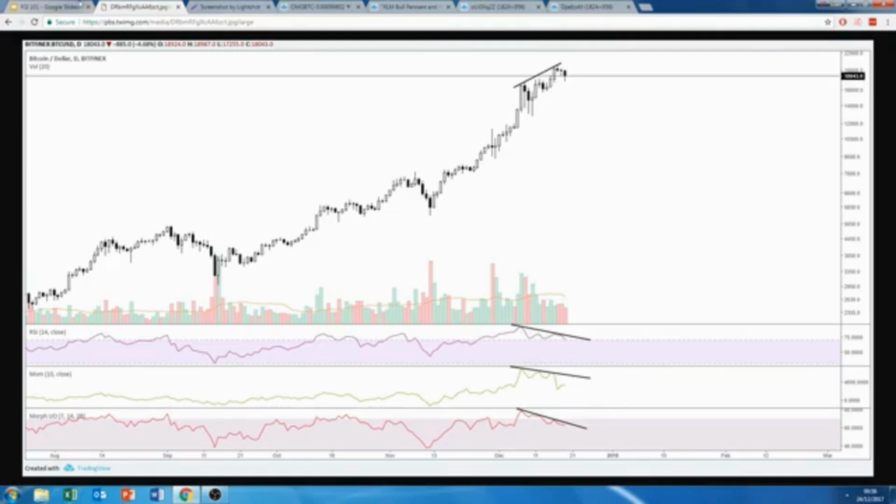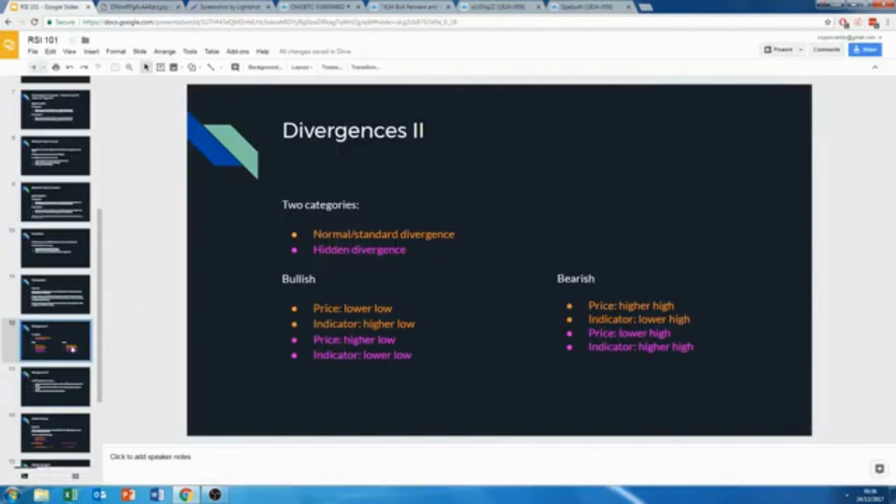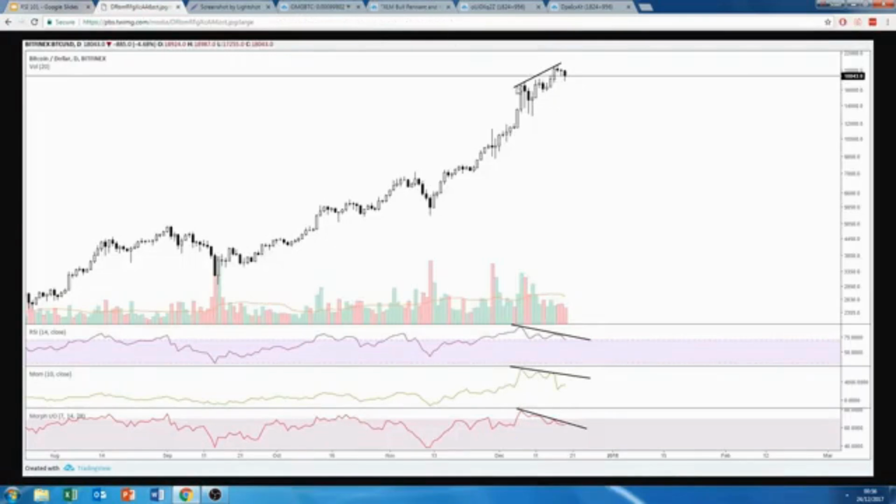According to our criteria here, which I didn't expect you to memorize, this is a bearish divergence. Price is making a higher high, and the oscillator is making a lower high. So this should be quite simple. Price, this is a high, and this is a high, the high is higher. But look at all these oscillators saying otherwise.